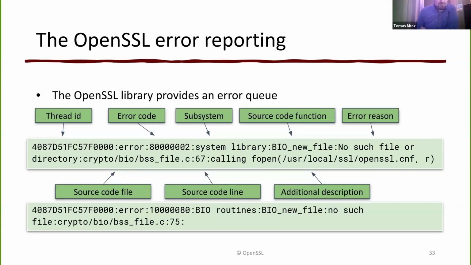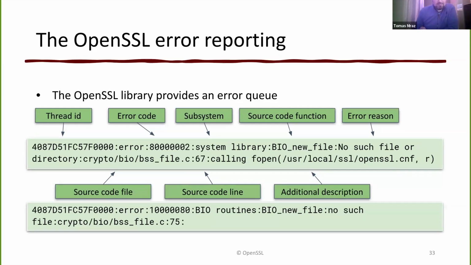The first value is the thread ID. That's not really interesting, I think, usually. But the error code can be interesting in case, for example, there is some problem with the conversion from the error code into those text error reasons.